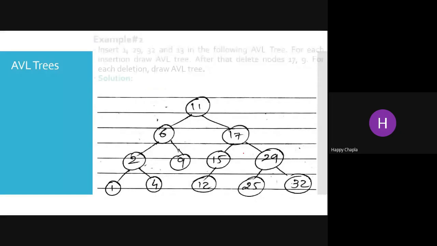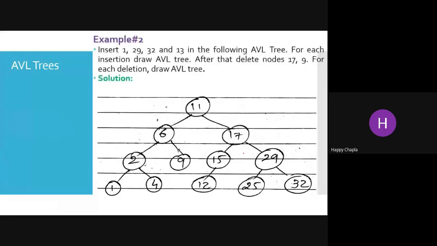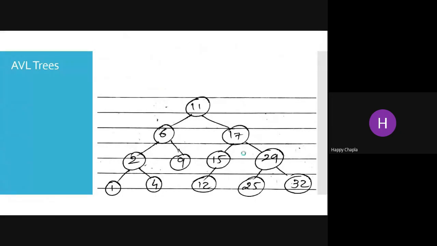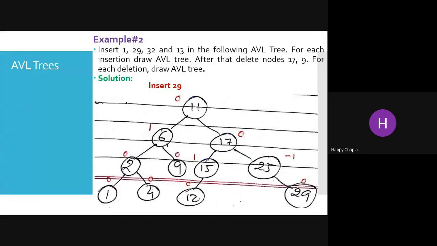Okay, first insert the 1. So where you have to insert 1, so here you have to insert this 1. Okay, that tree is available. You just need to insert 1, 29, 32, and 13, and after that you have to delete 17 and 9.